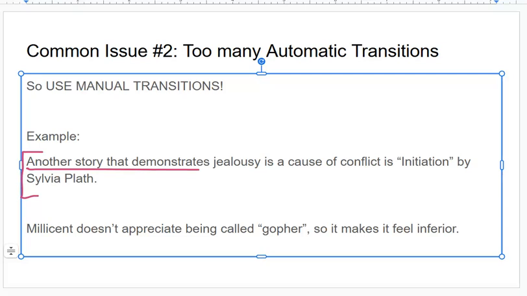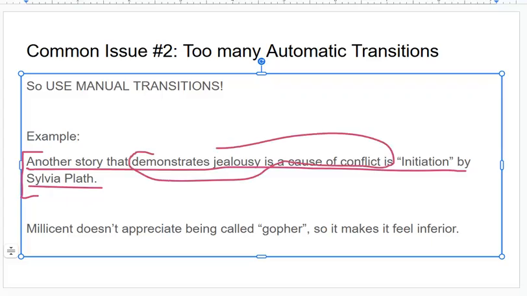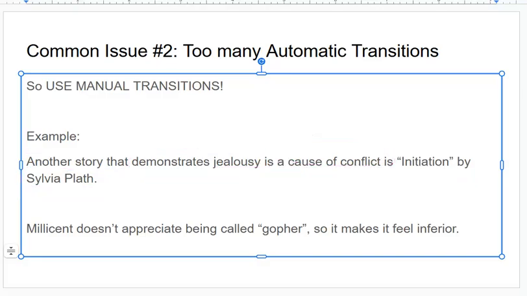So when I say manual transition, it can be a whole sentence. This transitions the reader from one story to the next. But what it also does is it shows a relationship between these stories. So another story that demonstrates jealousy as a cause of conflict. Absolutely.